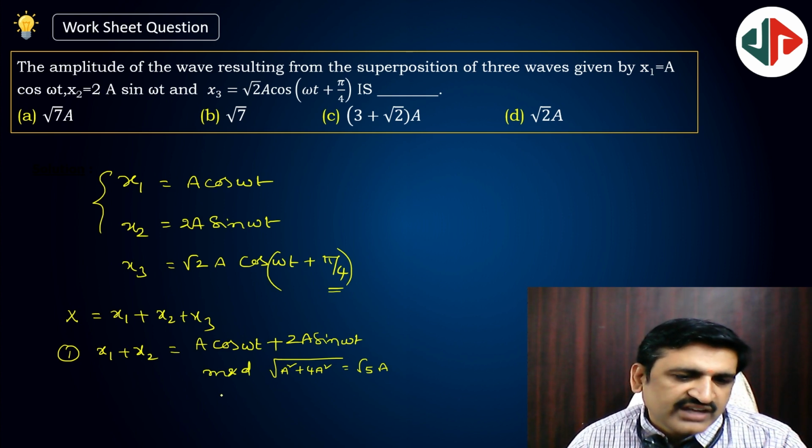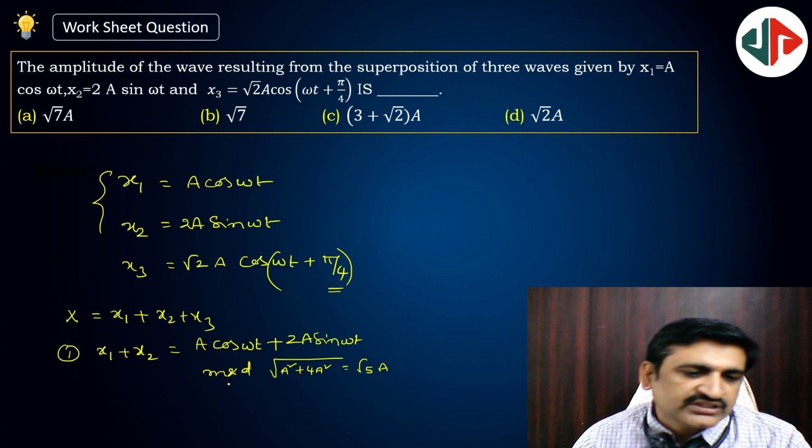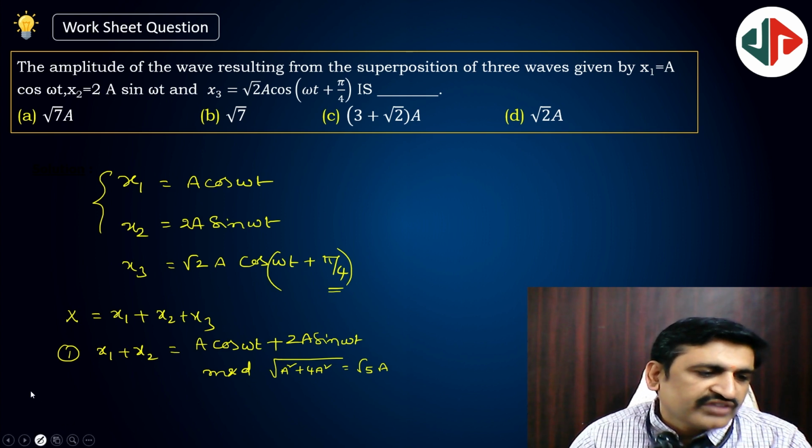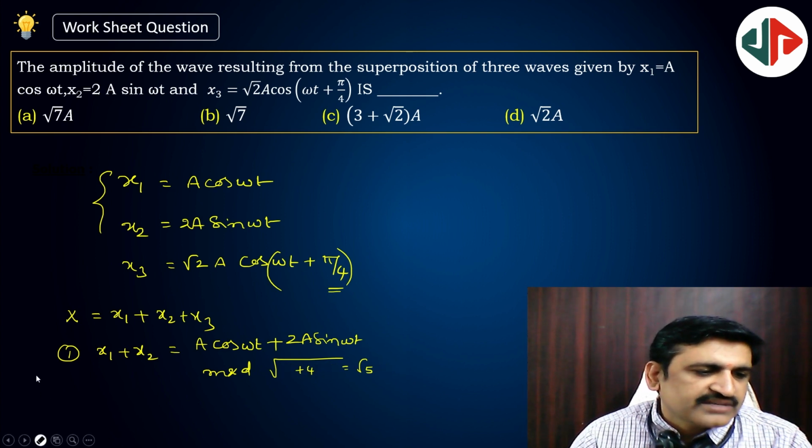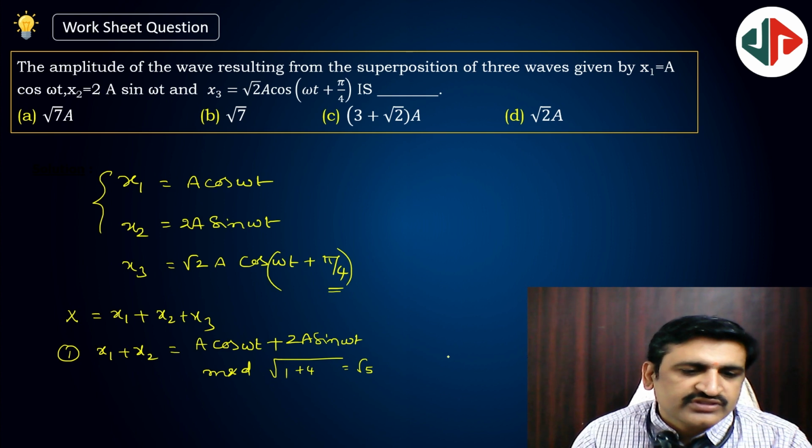A is anyway common, so why should we multiply again? Just with root 5 is enough. Just numbers we can take. This is 1 and this is 4, so it will be 5.